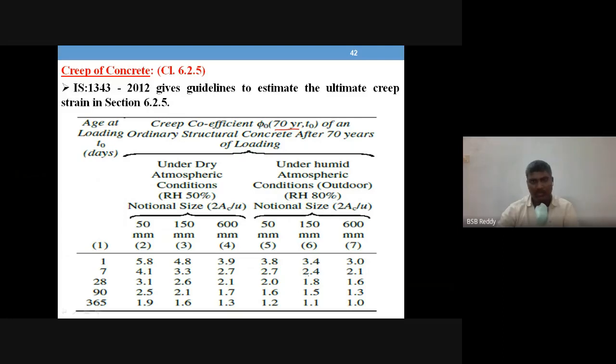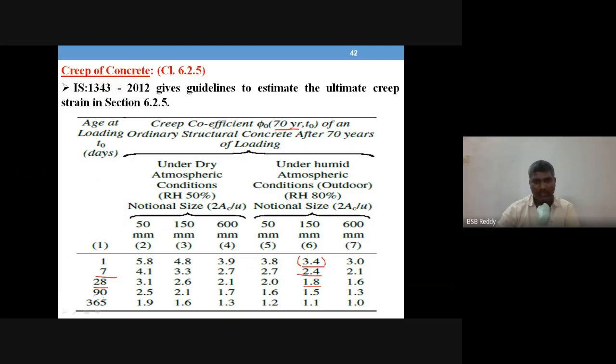If you want the ultimate creep strain, you can just multiply this ratio with the initial strain value. That is the purpose of these numbers. At 7 days the number is 2.4 times, and at 28 days it is 1.8 times.